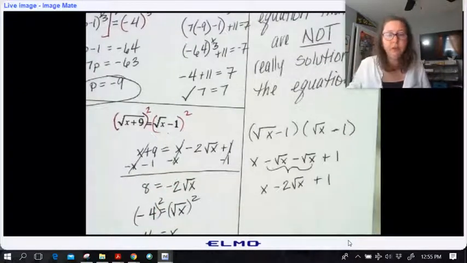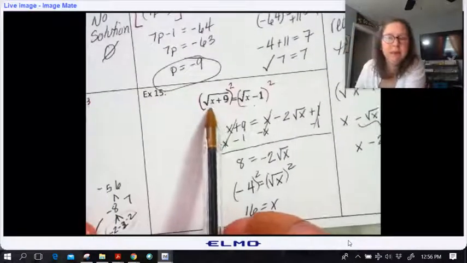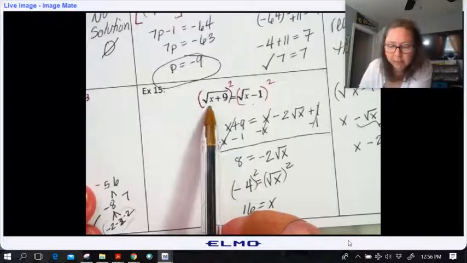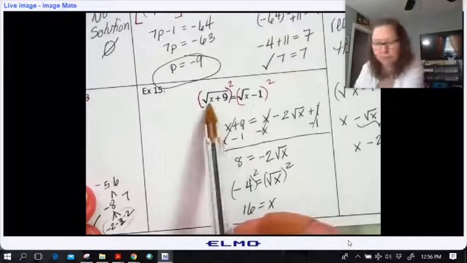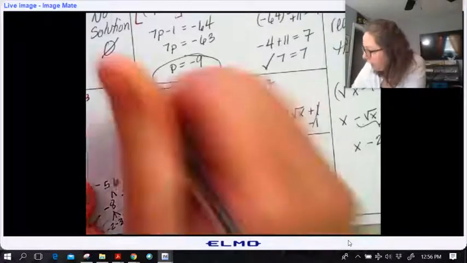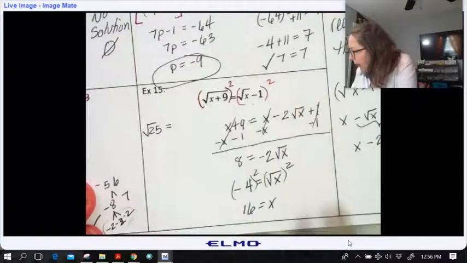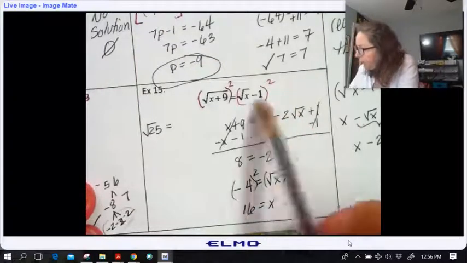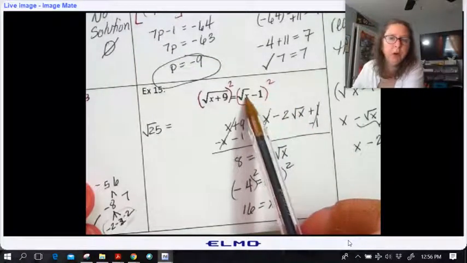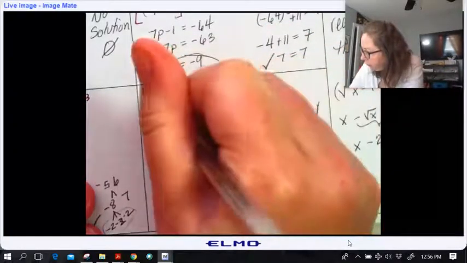And now what I need to do is I need to check it. Okay. So 16 plus 9 is 25. Okay, and then the square root of 16 is 4, and 4 minus 1 is 3.